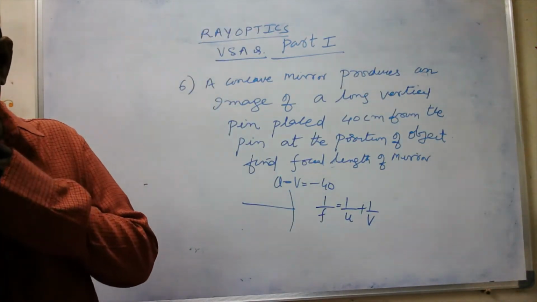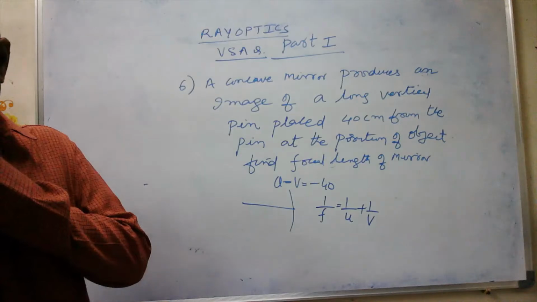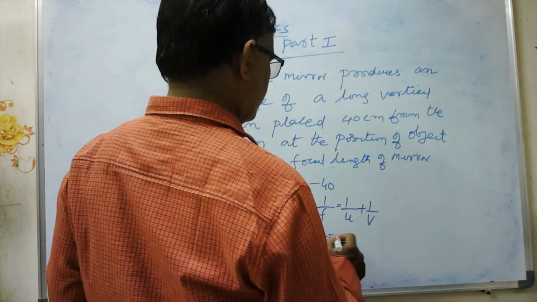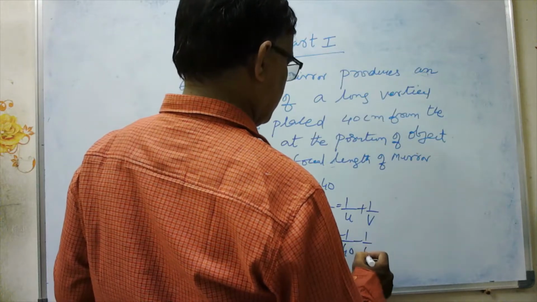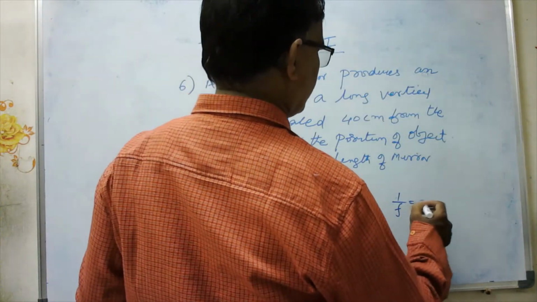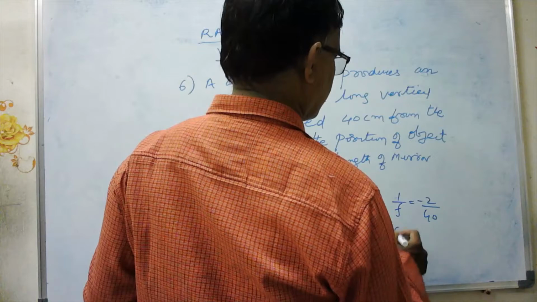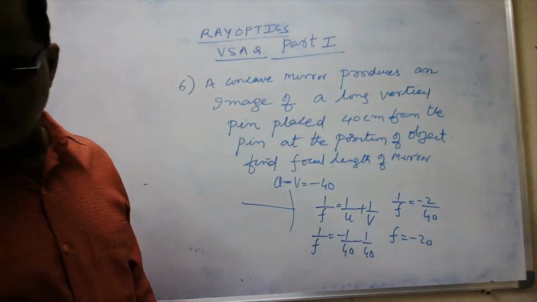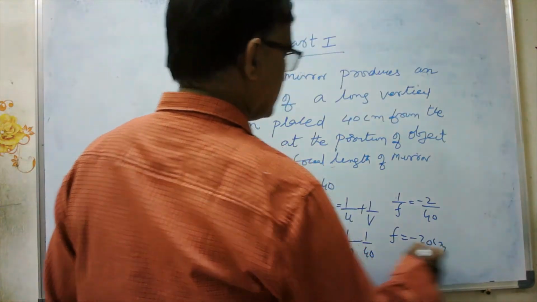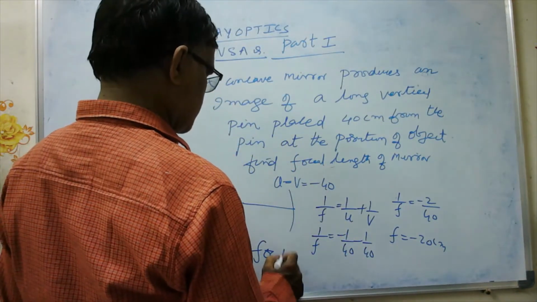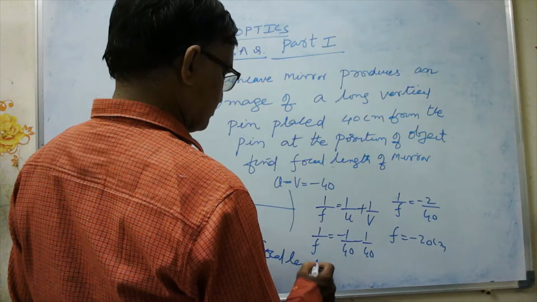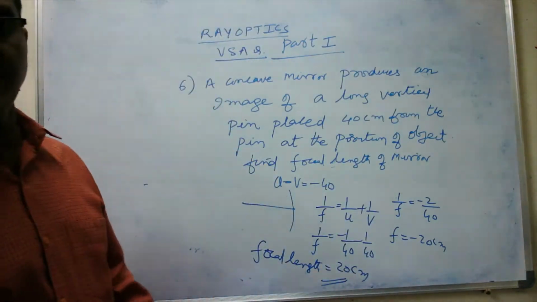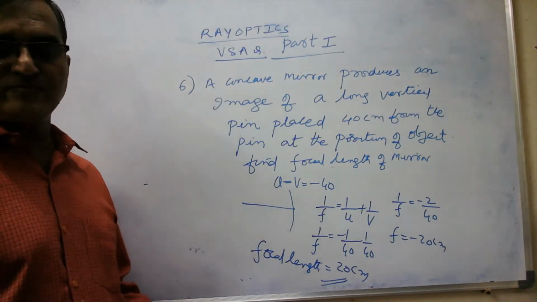Focal length also. 1 by f is equal to minus 1 by 40 minus 1 by 40. 1 by f is equal to minus 2 by 40. F is equal to minus 20. That is focal length is 20 centimeters. Answer is 20. Correct.